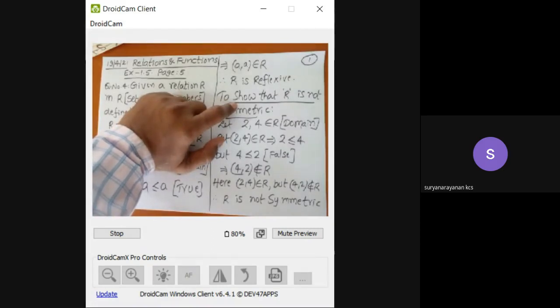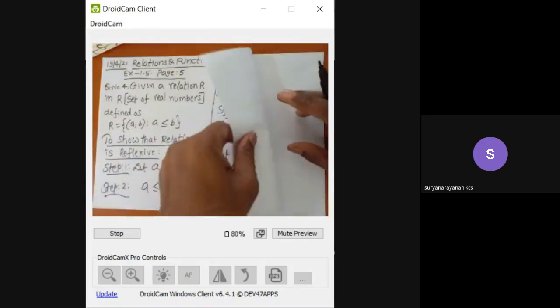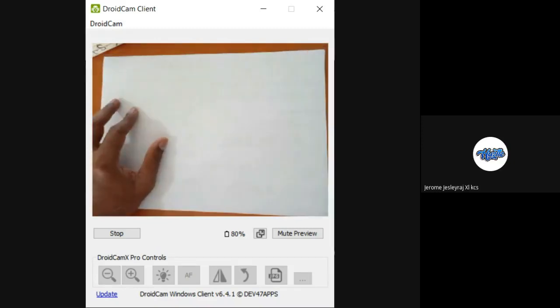Can you tell me the definition of reflexive relation, my dear Jerome Jesliaraj? Sir, ordered pair A comma A belongs to the relation R. That's all? Full definition, I'm not asking half the definition.